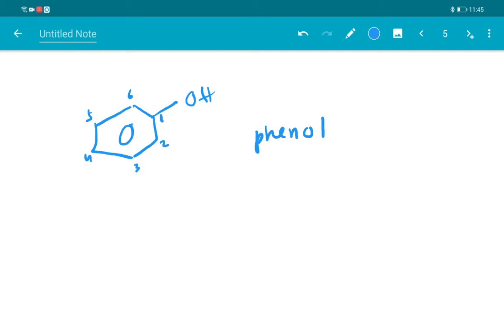Ingat, if you forget to draw the circle inside the ring, this is not phenol, this will be considered as cyclohexanol. So always remember to assign the circle inside the ring. Kita tengok beberapa contoh mudah.